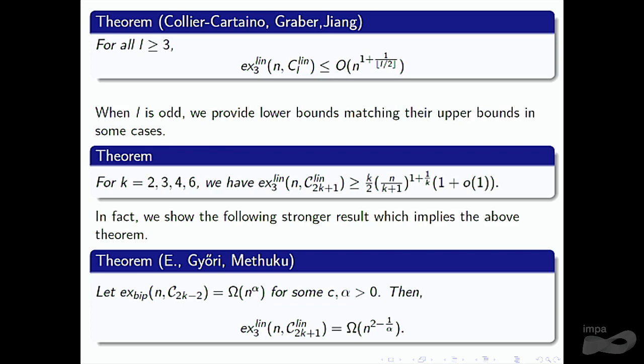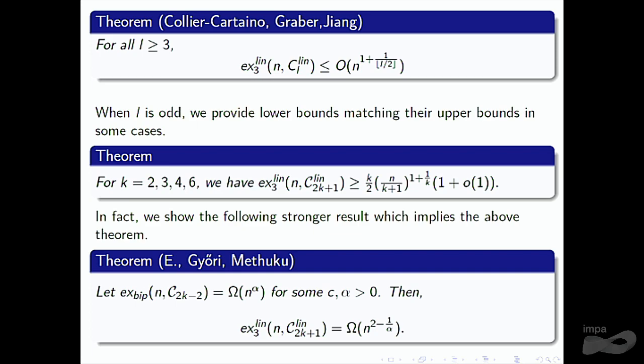So every time they improve this bipartite lower bound, we get a better construction and we get a sharp construction here. So if their conjecture is true, then we have a sharp result for every C2k plus 1 cycle here.